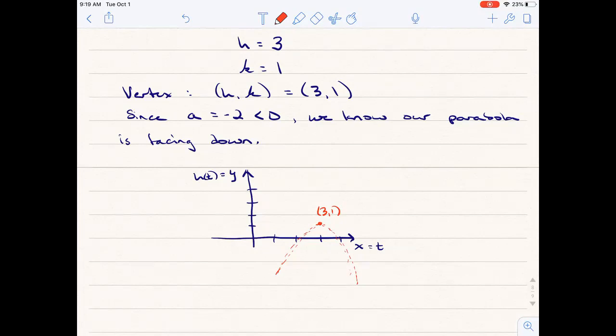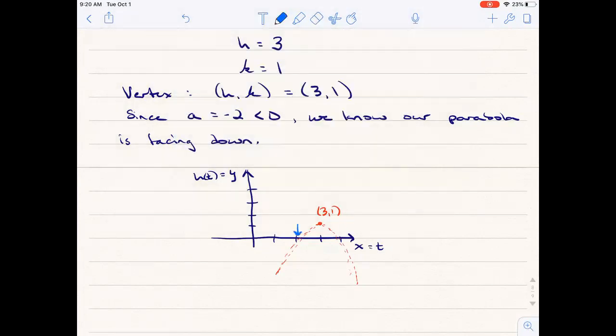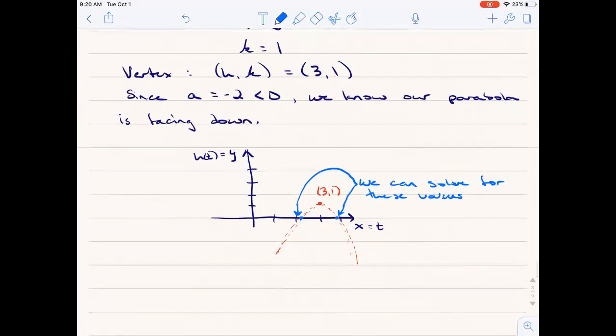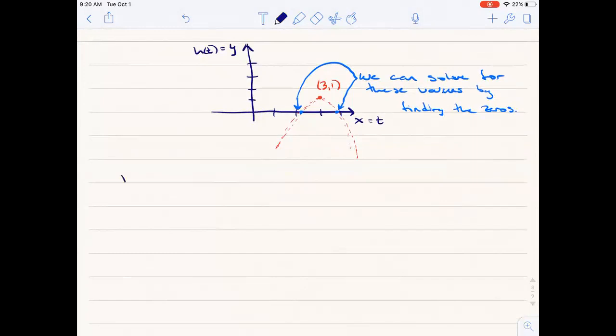So we can solve for this value and this value, these values, by finding the zeros.